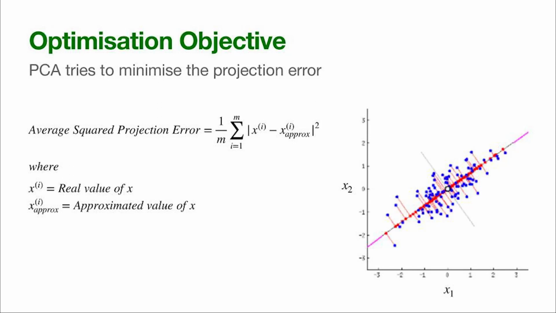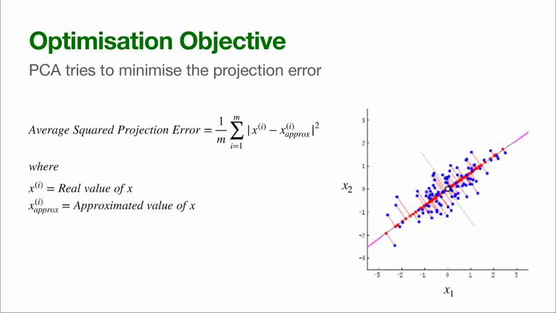We are trying to minimize this distance for every training example, because we are approximating this new feature, we are approximating the values of x1 and x2 so that we can combine them into one. When we approximate them, we are basically projecting them on this line, and we try to project them on a line where the projection error is the least. Now this distance, this difference between x and the projected x, this is what we are trying to reduce.